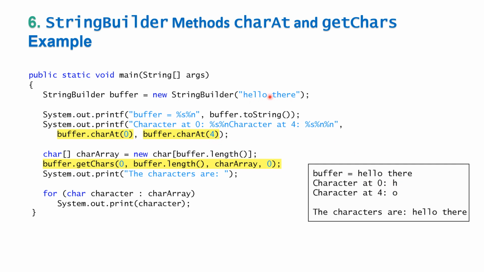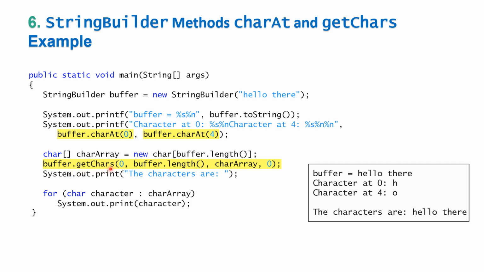The one at index 0 is the first character in the string hello there, which is a lowercase h, and the one at index 4 is the lowercase o, because there are 4 letters before the o.